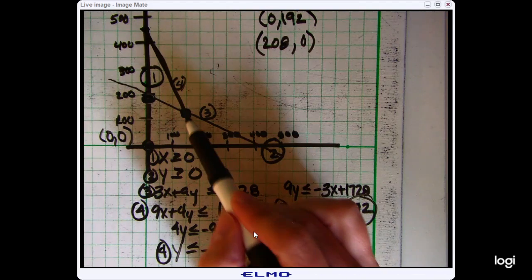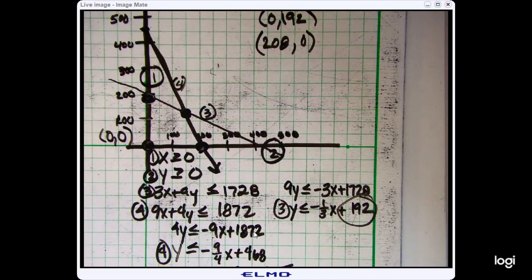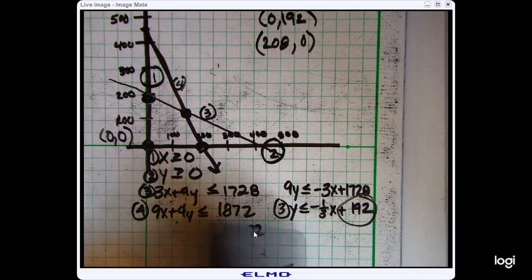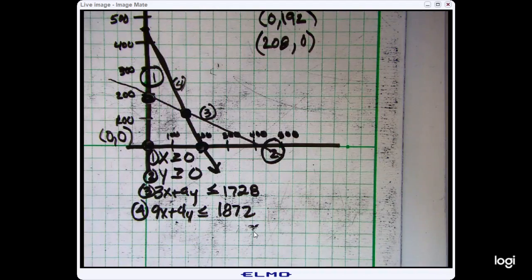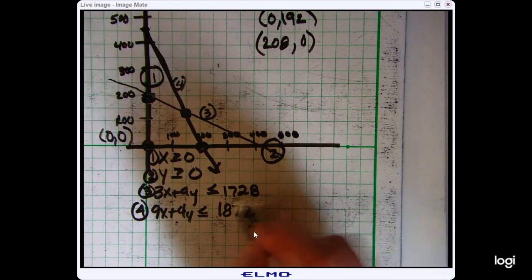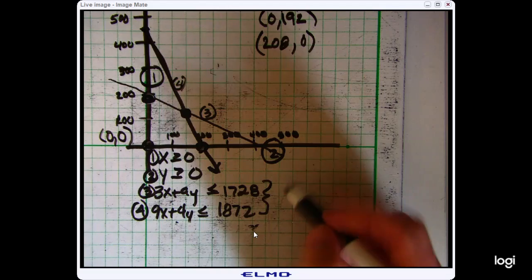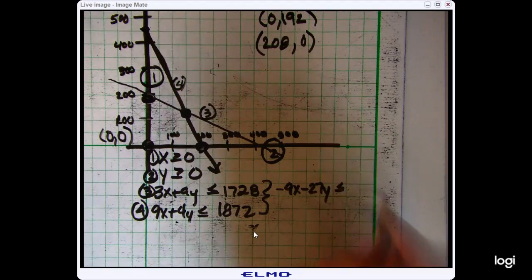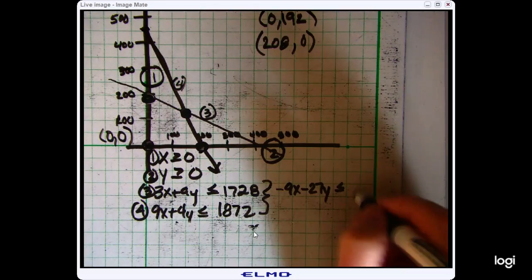And then we've got one more point to solve for. And you notice that's where equations 3 and 4 meet. I'm going to come back up here. Here's equations 3 and 4. And we're going to use elimination. If I multiply that top row by negative 3, I'm going to get negative 9x minus 27y, 1728 times negative 3, negative 5184.